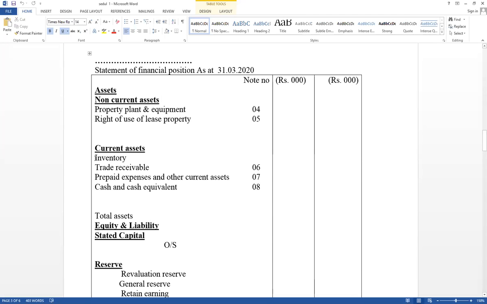Sometimes you have to prepare a separate note for inventory also if it has given manufacturing and trading business. Inventory includes raw material, work in progress as well as finished goods. Therefore, its composition should be disclosed.